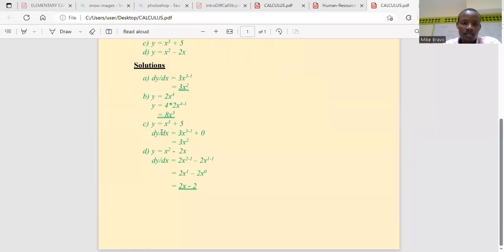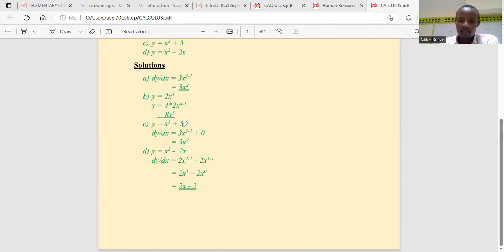Then let's look at function c. Function c states that y equals x power 3 plus 5. dy dx equals 3. Now this 3, we bring it down there. 3x power 3 minus 1 plus 0.